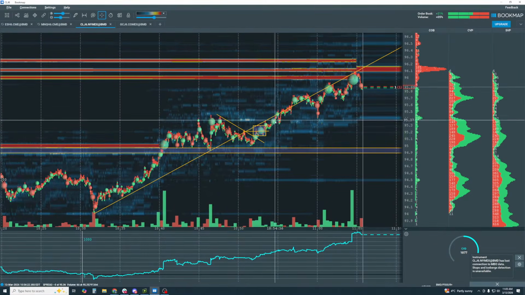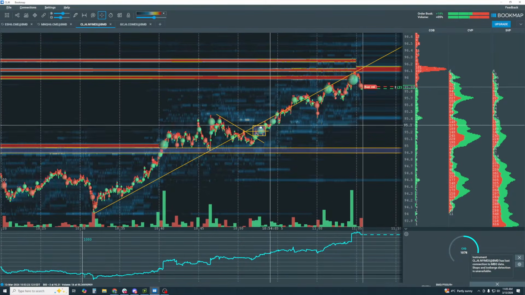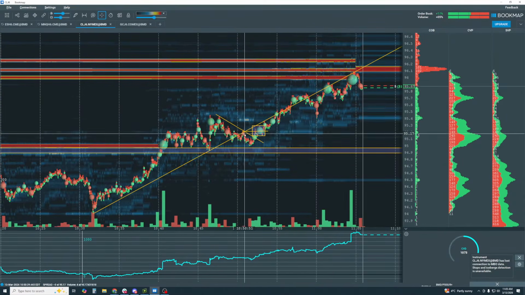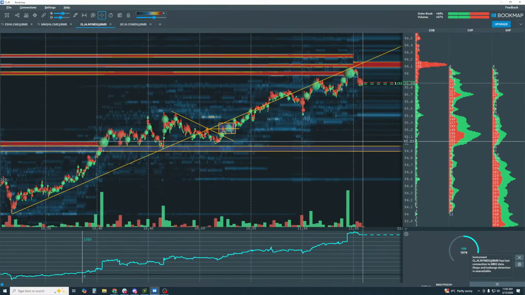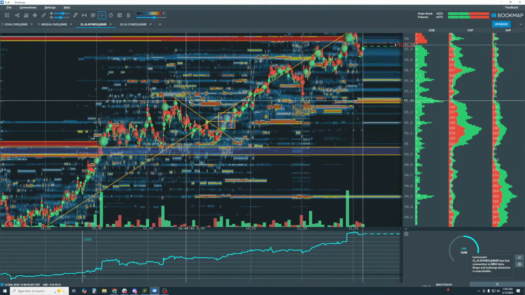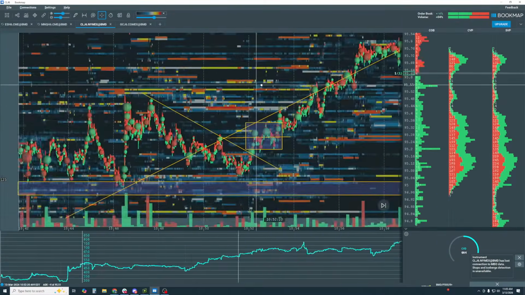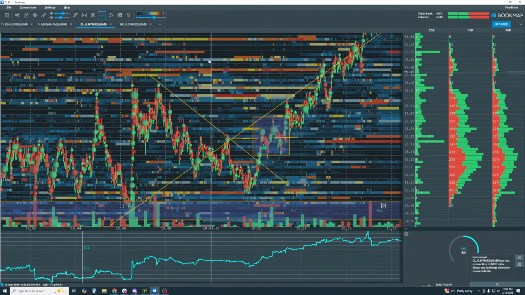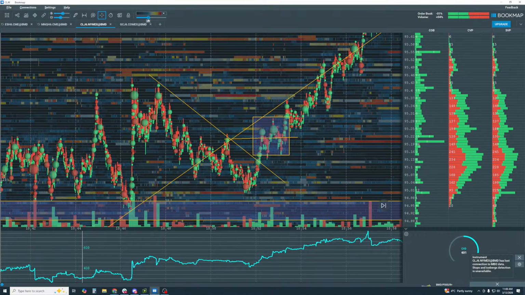And then we're again looking at structural areas in here. Now, what I was just talking about up here is the difference between the trend line break and accumulation. We're going to have to zoom in really closely to take a look, and in fact, I'm going to have to bring down the heat map a little.